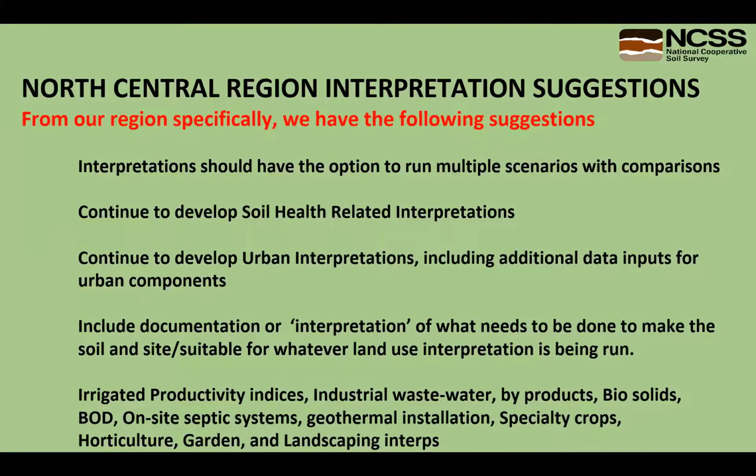Continue to develop urban interpretations, maybe even for some of those urban watershed planning, additional data inputs for those kinds of systems. Documentation or interpretation of what needs to be done to make a soil or a site suitable for land. And then some irrigation productivity indexes, all those other things as well.